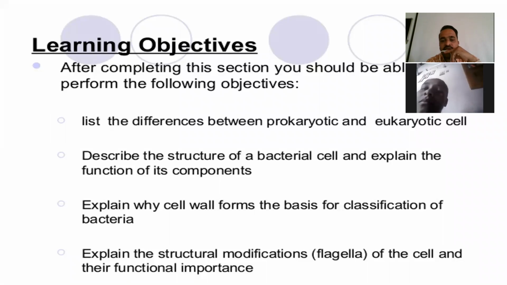The cell wall plays a very important role in the classification of the bacteria. And you will be learning about structural modifications, like what is flagella of the cell and their functions and importance. So this is in general what you're going to study in this particular unit once we complete the whole unit.